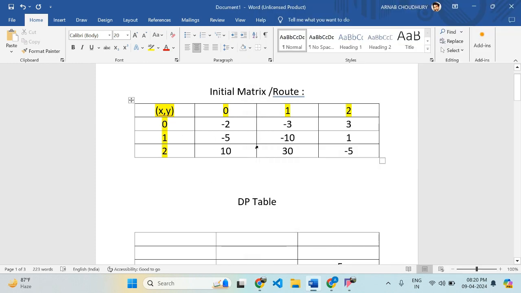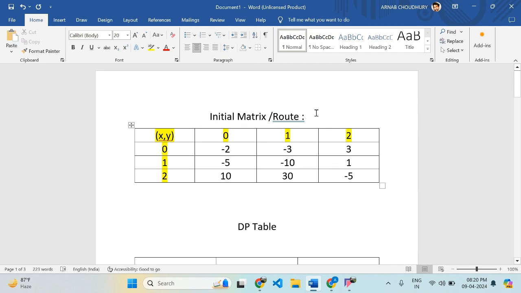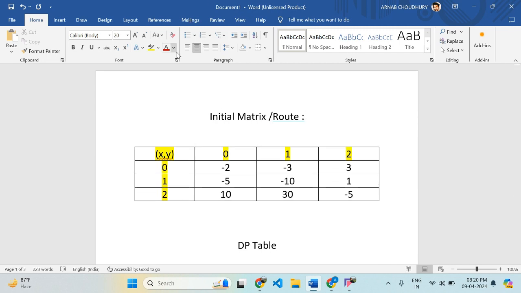So what is m minus 1 and n minus 1? The cell at m minus 1, n minus 1 has the value minus 5. How is this minus 5 coming? Suppose this is a 3 cross 3 matrix. So 3 minus 1 is 2, and 3 minus 1 is also 2, so coordinates 2 comma 2.